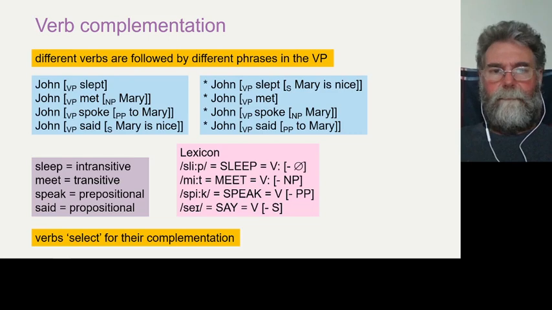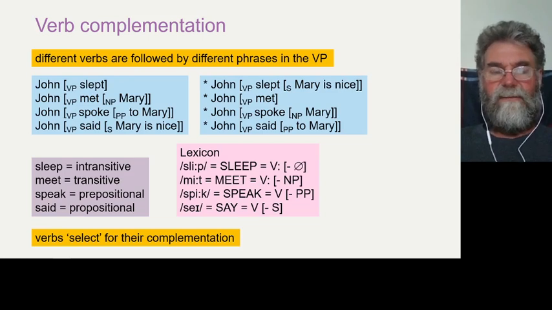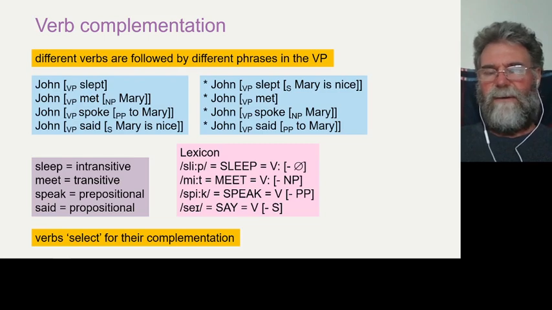Now, all this goes together to support the idea that there is a close connection between the verb and its complement. That is, the verb and the complement seem to form some sort of semantic unit, which the verb and the subject don't. There are no selectional restrictions placed on verbs and subjects.